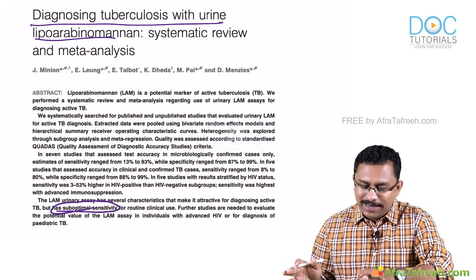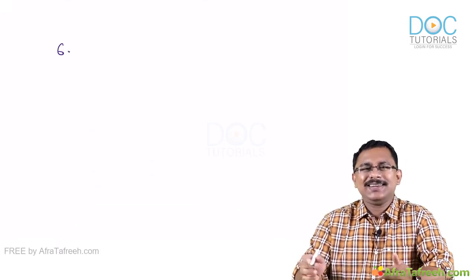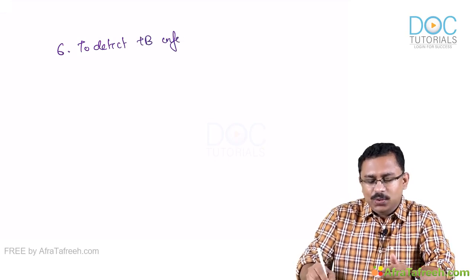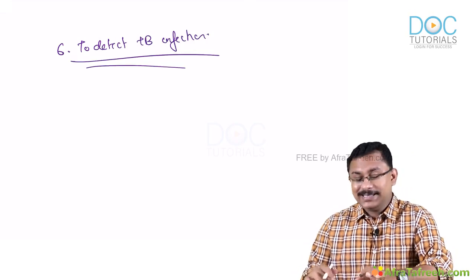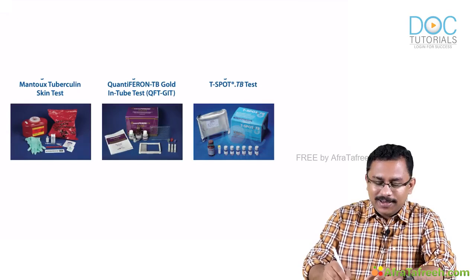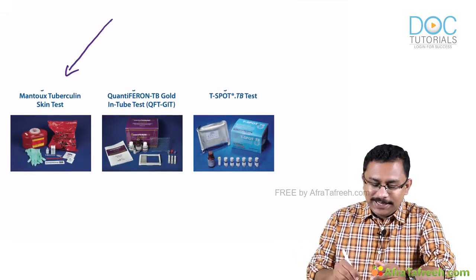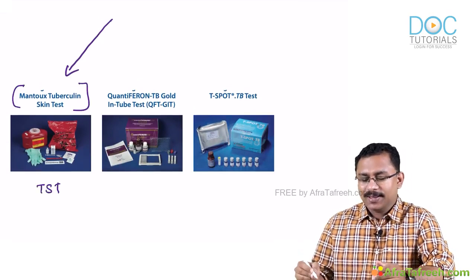Now, after urine LAM, the sixth one are the tests to detect TB infection. I told you infection and disease are different. So when you go for detecting TB infection, you can either have the Manto test, that is your tuberculin skin test, or the TST.